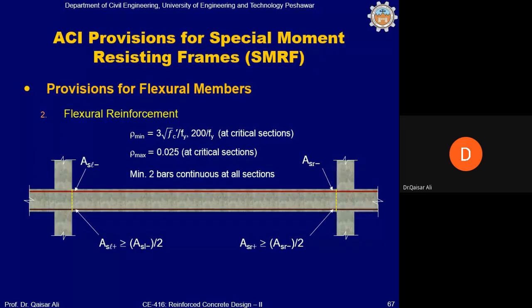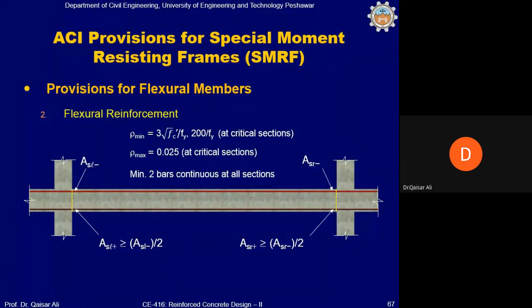By this, the ACI code wants to make sure that both positive and negative sides of the ends of the beams are efficient in energy dissipation, because if there is not enough longitudinal reinforcement on the positive side of the beam at the ends of the beam, then the beam may fail in flexure at this location and cause premature collapse of the beam.